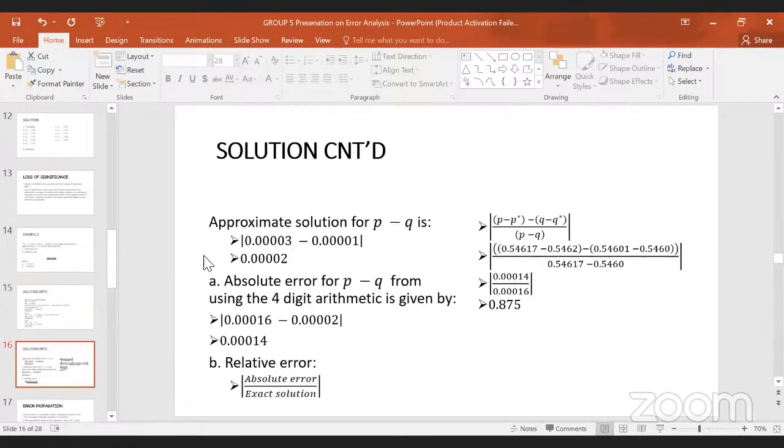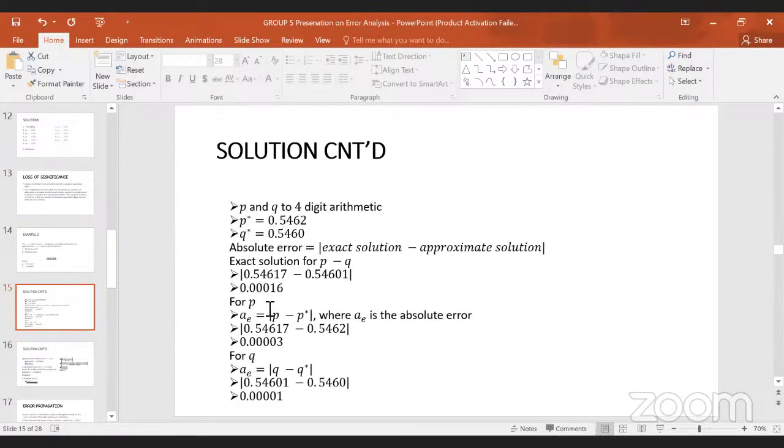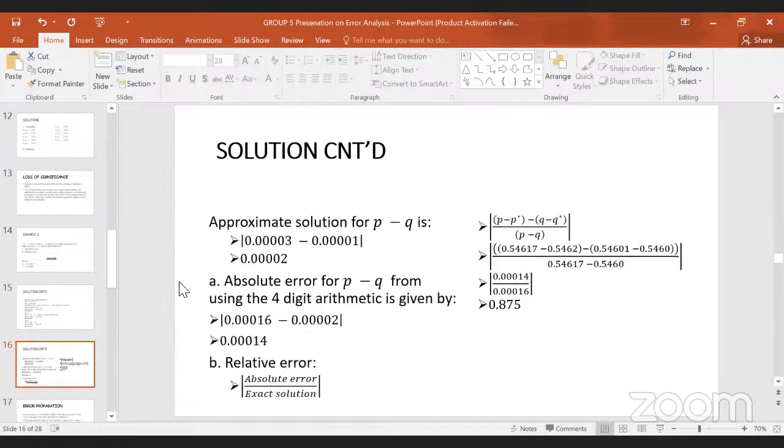Now, after we've done P minus Q, the subtraction we were asked to do in the first place, we got 0.0016. And after we get our error, the difference after we subtracted P star from P and Q star from Q, we got 0.0003 minus 0.0001.